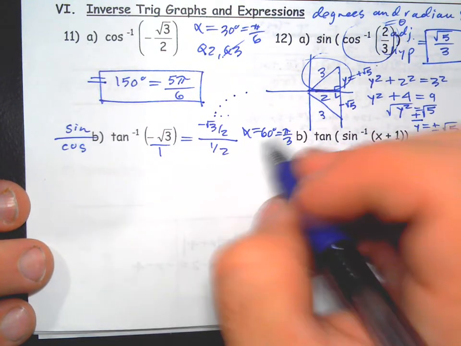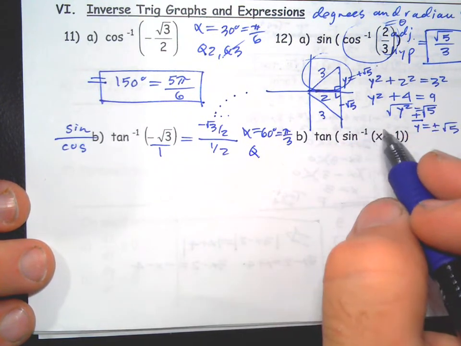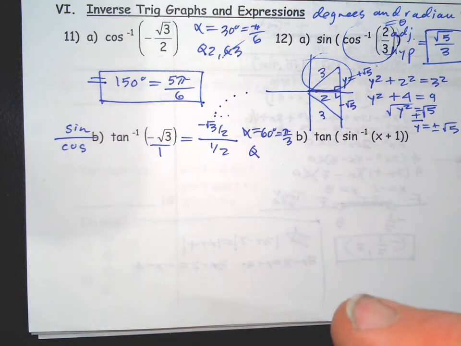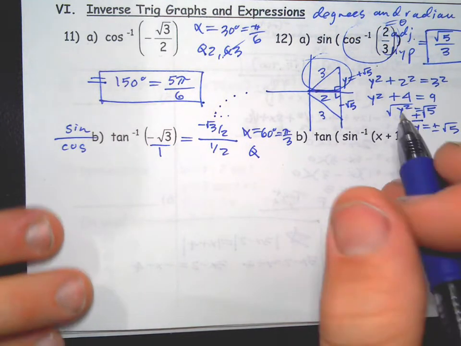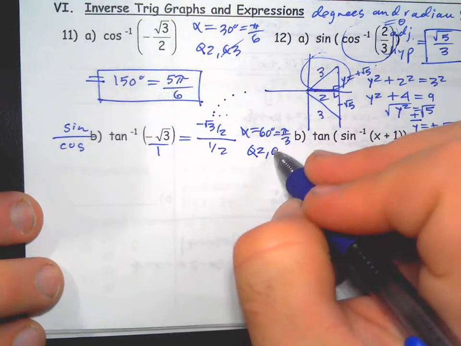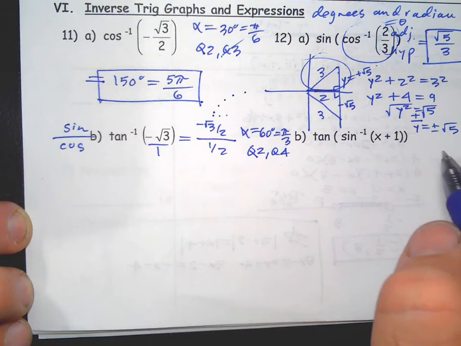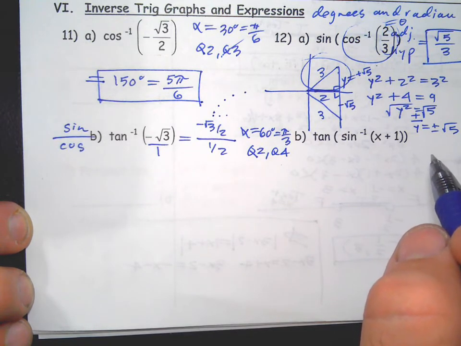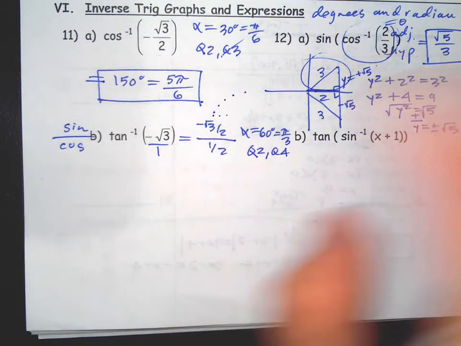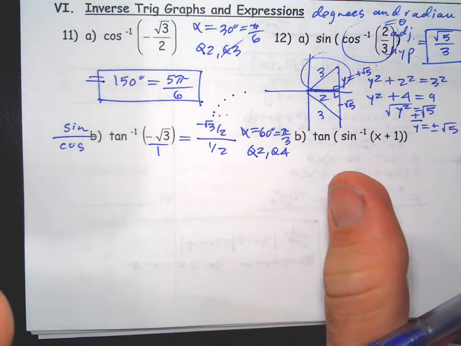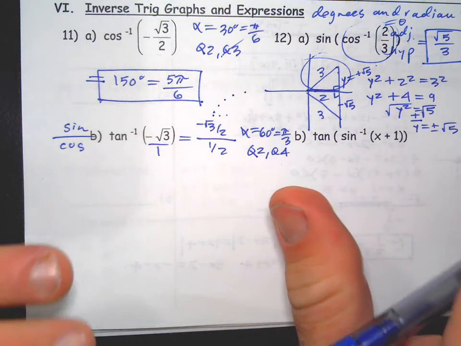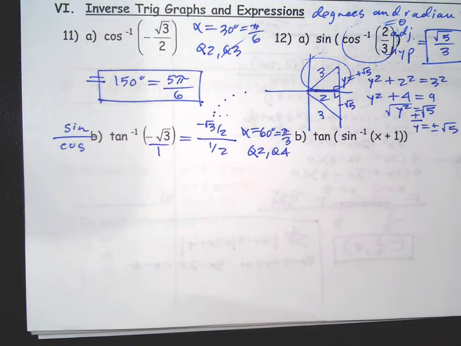Same thing for that. What quadrants do sine and cosine have opposite signs? So it's not just that sine has to be negative and cosine is positive. It could be cosine's negative and sine's positive. So they have opposite signs in quadrant 2 and quadrant 4. But we're doing principal values. So it's always quadrant 1 for all of them, and then a quadrant tied to quadrant 1 that gives the other possible answer.